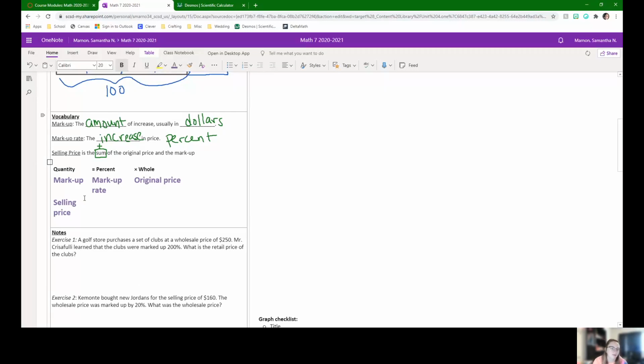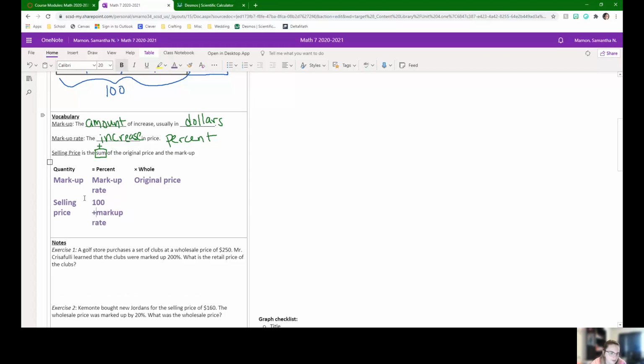And instead of it being the markup rate, it's going to be the 100% plus the markup rate. So now this is like the 120% in the 6 rings. The selling price is the new price with the markup. So the percent is the 100 plus the markup rate, and the whole is still the original price.